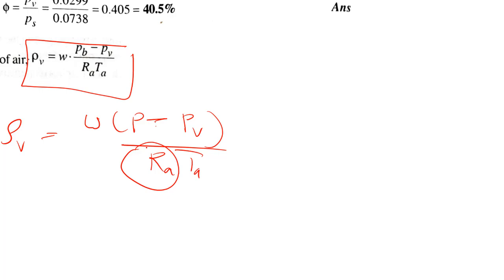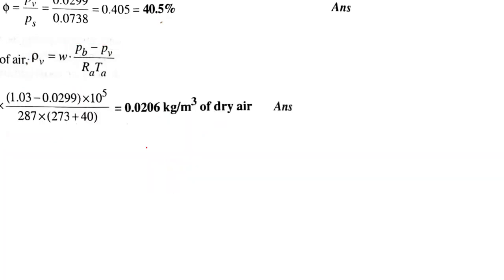That means 273 plus 40, that is 313 Kelvin. So PB 1.03 is already given and PV is 0.0299. So put all the values in this formula. We obtain rho V equals 0.0206 kg per meter cube of dry air. So just remember to put temperature in Kelvin. Okay.